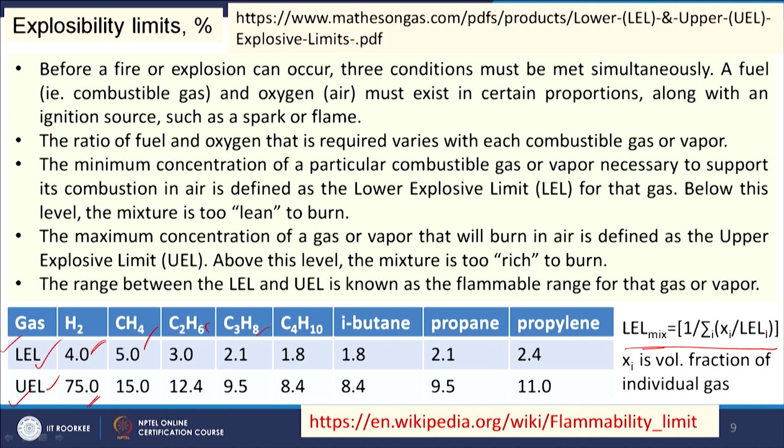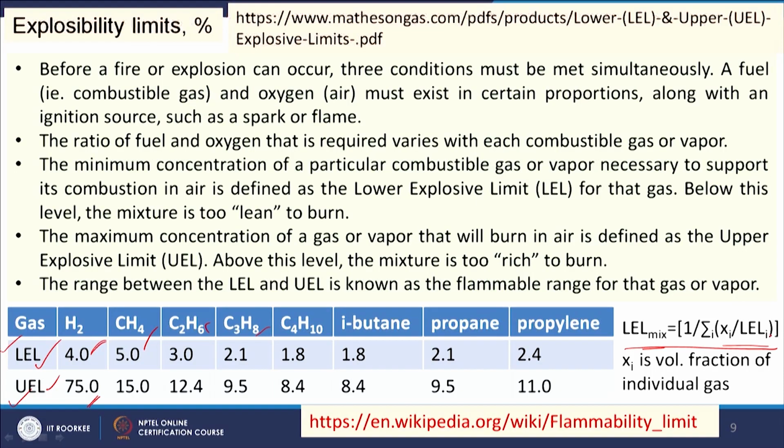Here Xi is the fraction of a particular component divided by the LEL of that component, plus similarly, if you have n components, you have to add n such terms, that is Xi by LELi. Then we will get the overall LEL of the mixture.